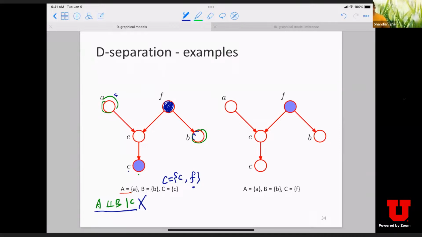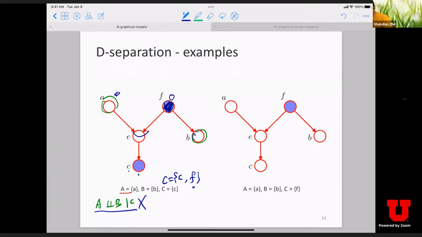As we mentioned, if your small ball starts from A, you go to E, because E's descendant C is observed, that means you can pass through E. But then you arrive at node F. The ball stays here. So can your ball go through F? No, right?